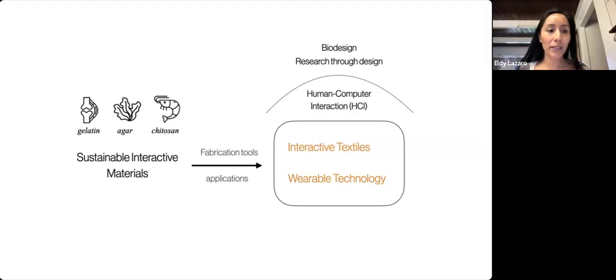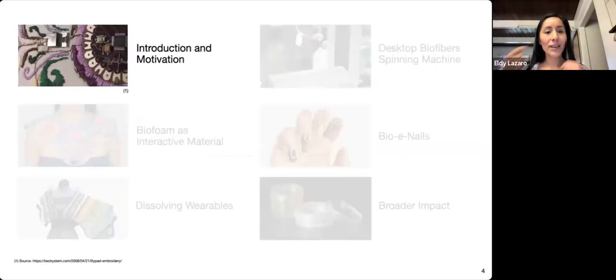Basically that means that through the process of making or fabricating, we are getting learnings that we carry into our next iterations. So rather than imposing our design ideas onto materials, we are working with materials and attuning to the material properties to inspire the next iteration of our work.